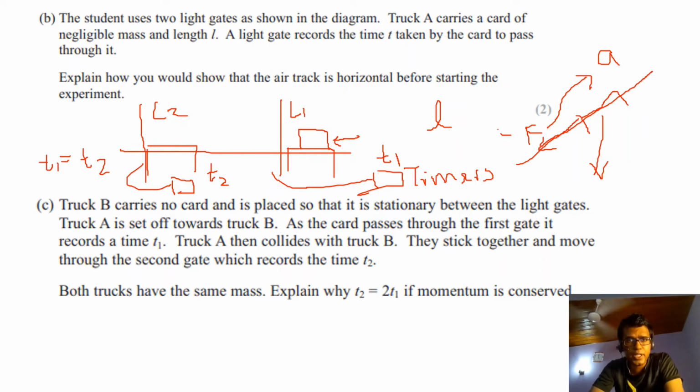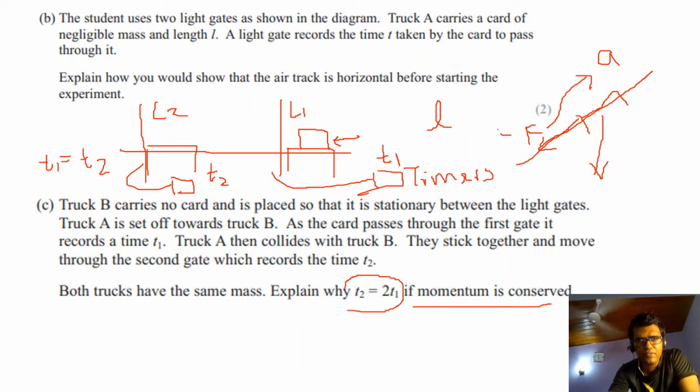Cart A then collides with cart B, and after they collide, they stick together and move through the second light gate together, and the time recorded is T2. Both carts have the same mass. Explain why T2 is equal to 2T1 if the momentum is conserved. Now if the momentum is conserved, why do the times have this relationship where T2 is equal to 2T1?